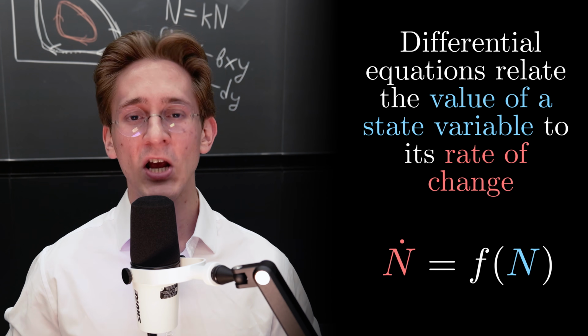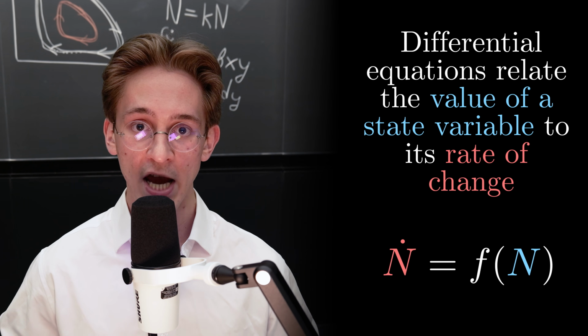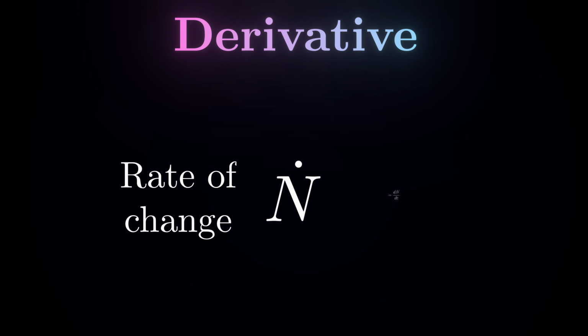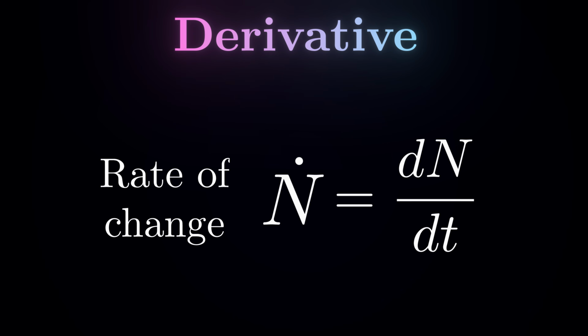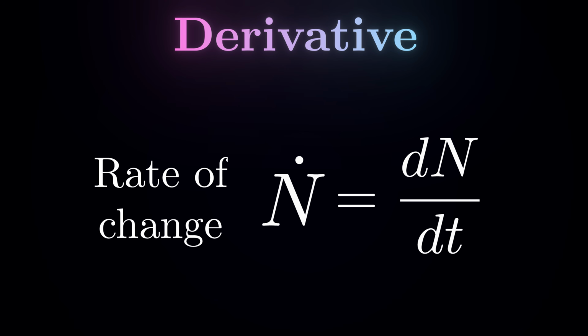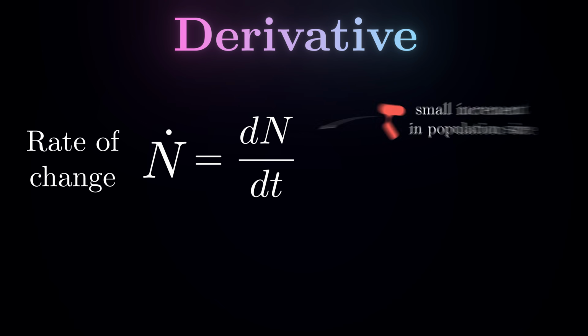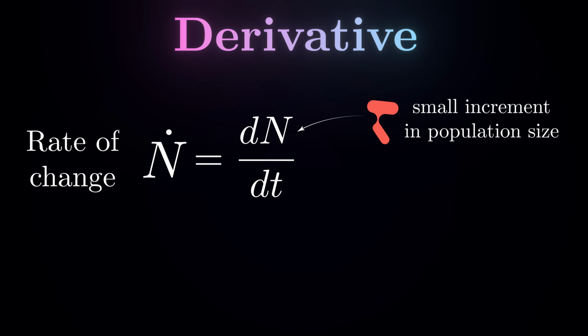Let's zoom in even closer on this concept of a rate of change. In mathematics, we call it a derivative, and there is a special way of writing it as dn over dt, equivalent to the dot notation we used earlier. Imagine dn as a tiny change in the number of bacteria, and dt as a tiny step in time.